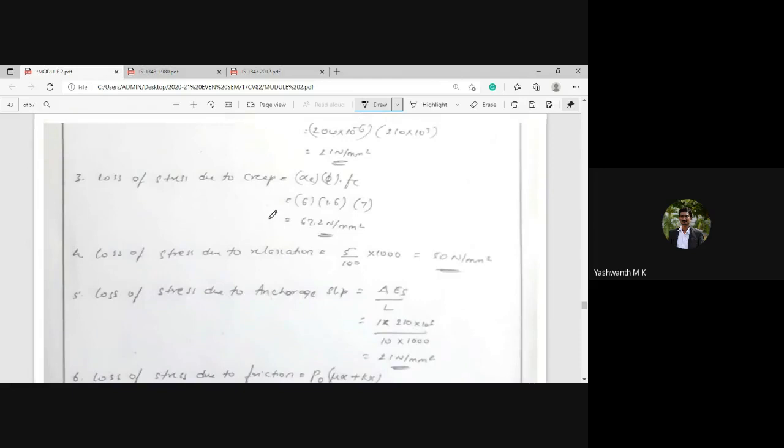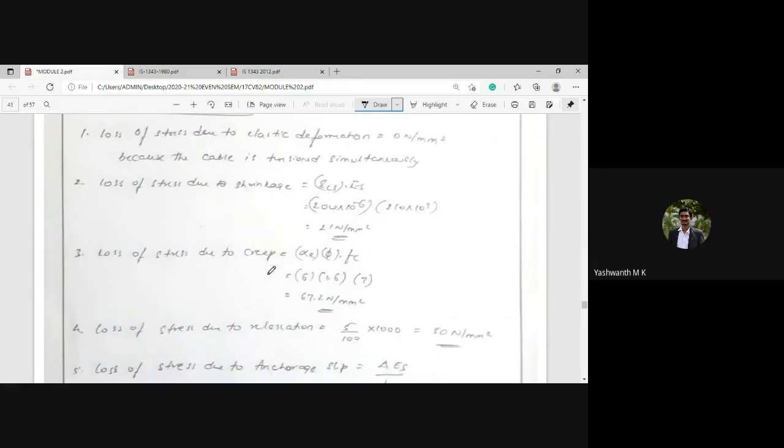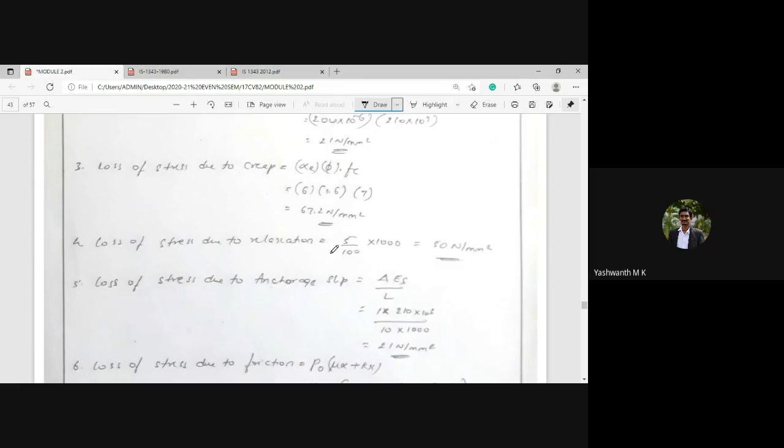Next, loss of pre-stress due to creep. As I stated, here also it is creep coefficient data, so alpha E into phi into Fc, which is 6 into 1.6 into 7, that is 67.2 Newton per millimeter square. Next, loss of stress due to relaxation, no change: 5 by 100 into initial pre-stress, that is 50 Newton per millimeter square.